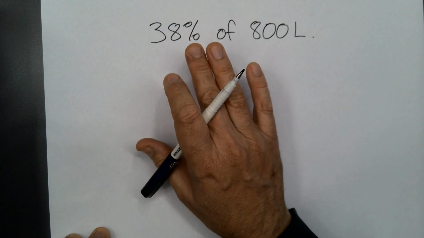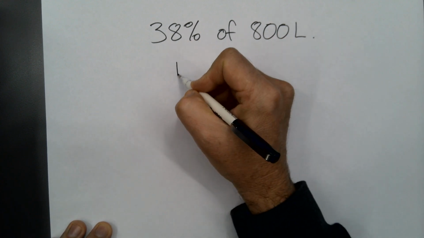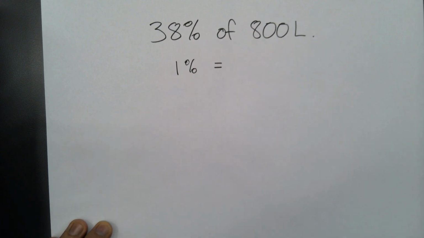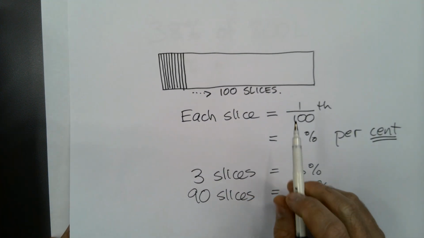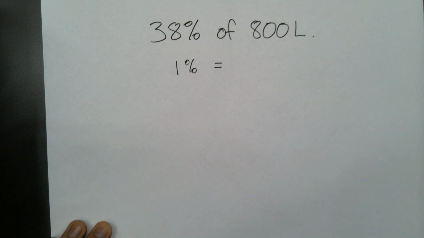So we want to know 38% of 800 litres. Well, first of all, let's find what 1% is. Let's not worry about 38%, let's worry about 1%. 1% is 1/100th of it. If you go back to the slices, 1% is just one of those slices. So how do I get 1/100th of 800? Well, you divide it by 100. You shouldn't need to do that on a calculator.